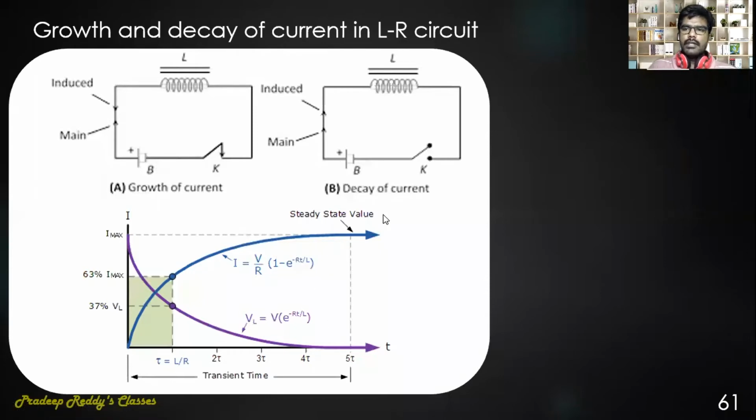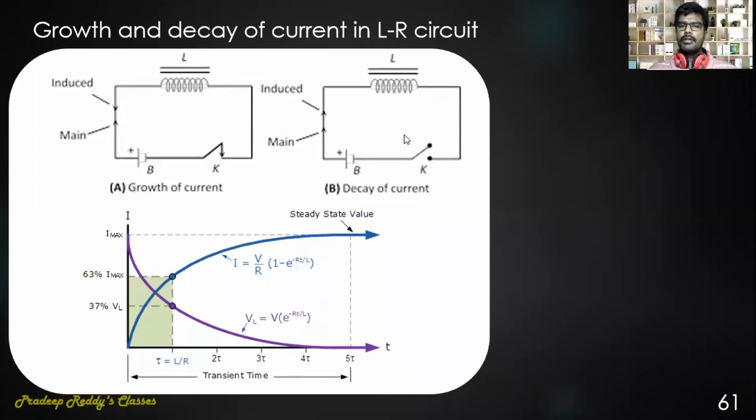So students, as we have learned about the inductor, whenever you are connecting an inductor in an electrical circuit, because of the EMF supplied, there will be a change in current within the inductor, and that current can either increase or decrease.